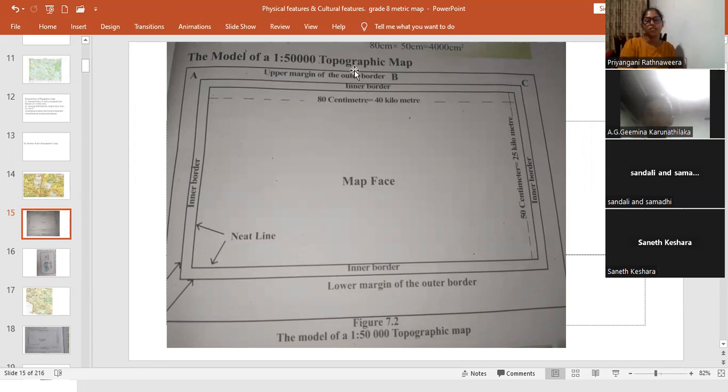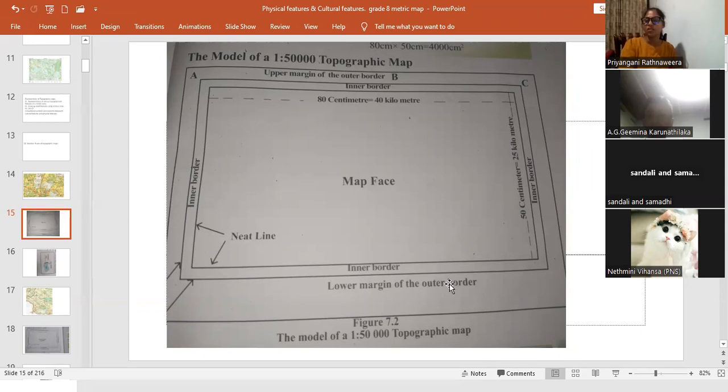Here is the upper margin of the outer border. This one is the lower margin of the outer border. Then this small strip here is called the inner border. It is located inside, so it is called the inner border.